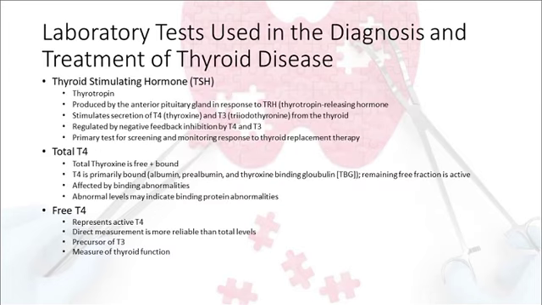Now, what about laboratory tests that are used in the diagnosis and treatment of thyroid disease? The first one we're going to look at is thyroid stimulating hormone, also known as thyrotropin. This is produced by the anterior pituitary gland in response to thyroid releasing hormone, and of course it stimulates the secretion of T4 and T3 from the thyroid.